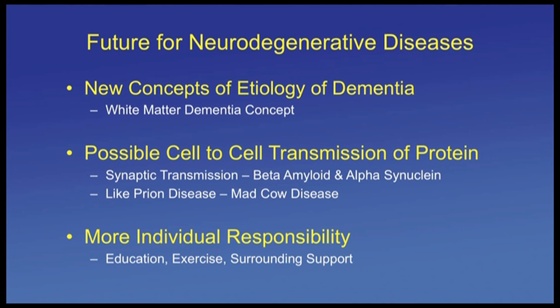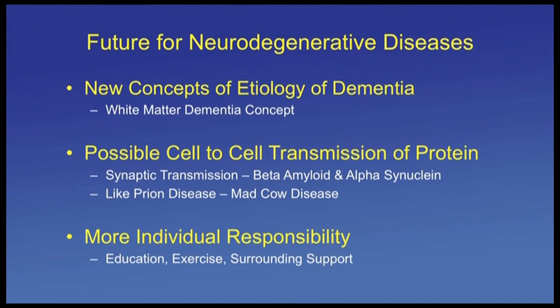There's new concepts about the etiology of dementia and also about other non-motor symptoms like anxiety and apprehension and fatigue. There's a whole concept now about white matter dementia, white matter dysfunction, that may play a role. Interesting now is a concept about cell-to-cell transmission of proteins.